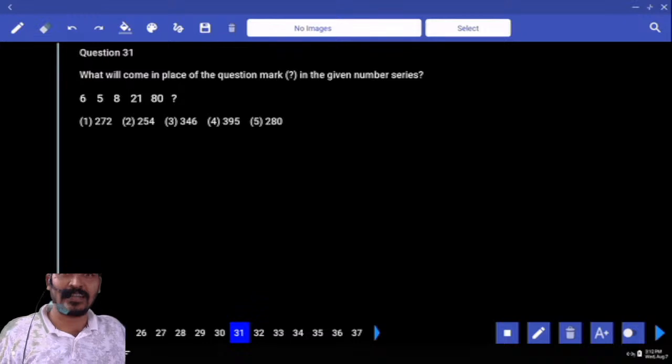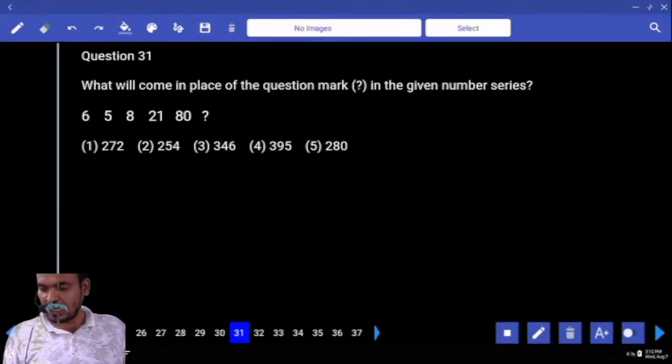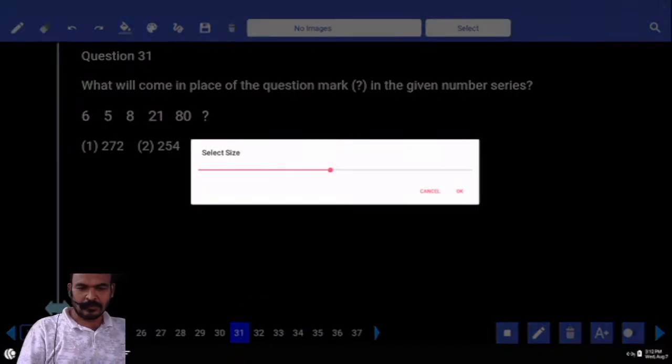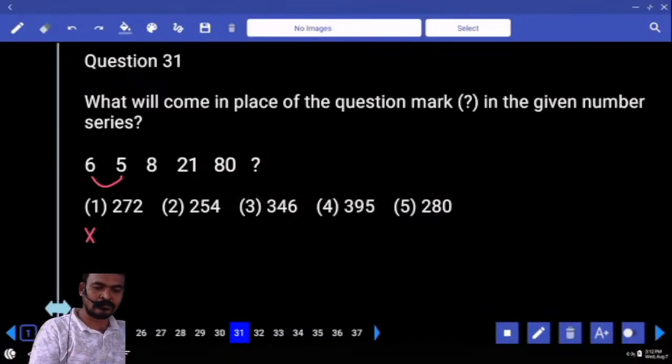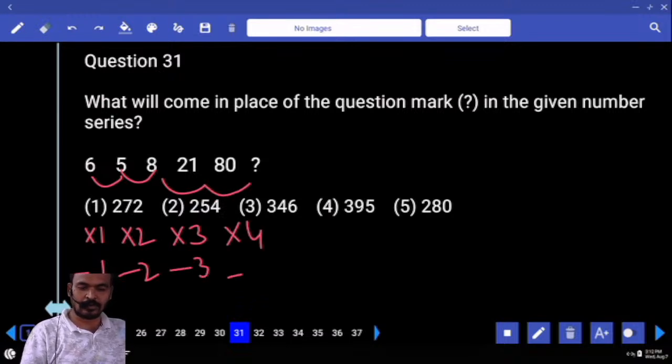Question numbers 31 to 35. First one into 1 minus 1. Next one into 2. Next into 3 minus 3. Next one into 4 minus 4. Next one into 5 minus 5.